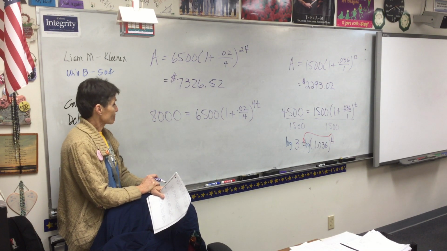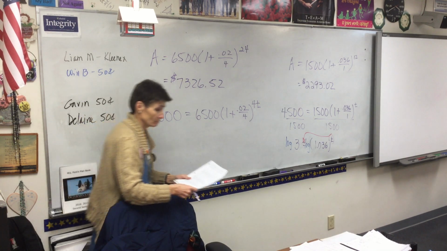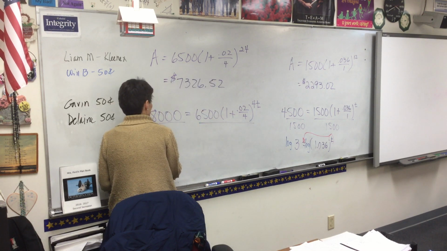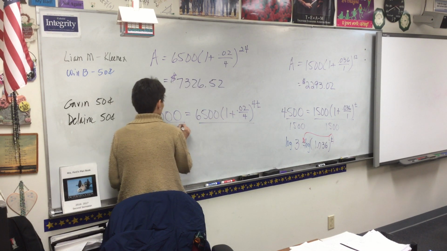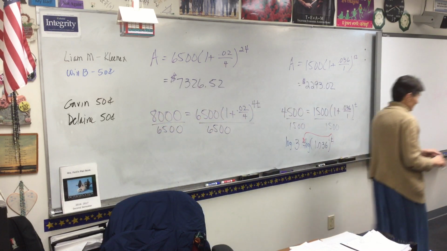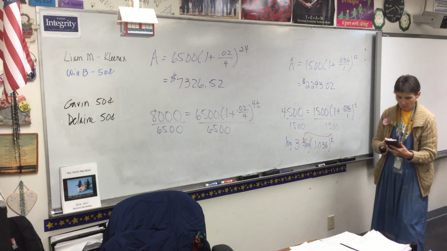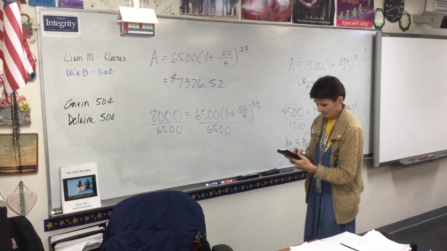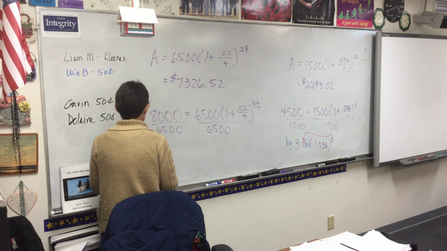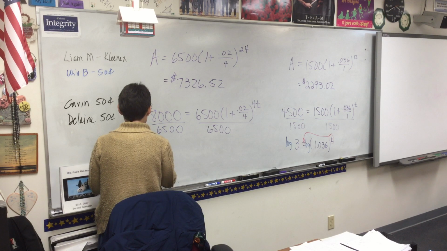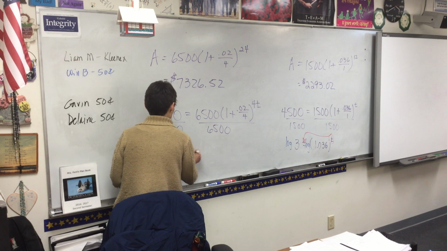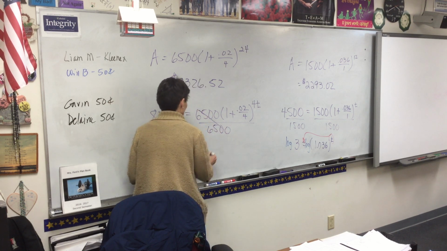All right. Step 1. Got to divide both sides by what? 6,500, right? So does that come out to be anything nice? No. Oh, and round-off error is bad, so let's keep a lot of decimal places. 1.23077. That should be safe.